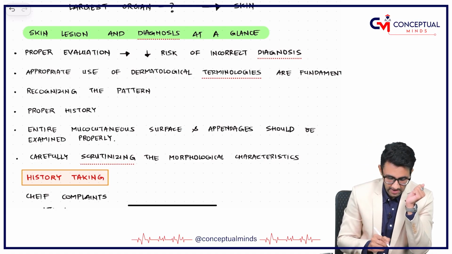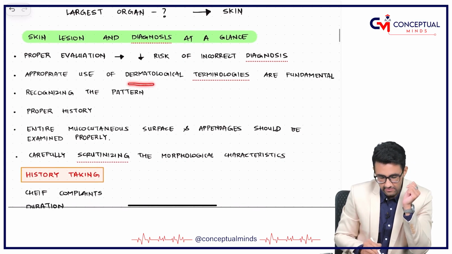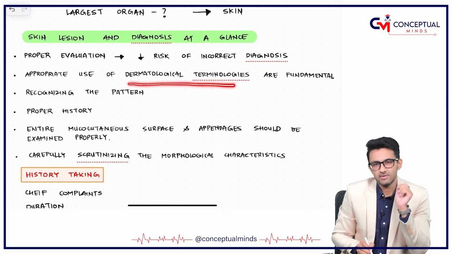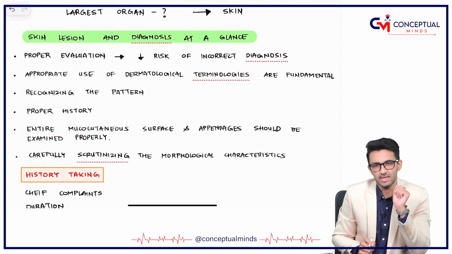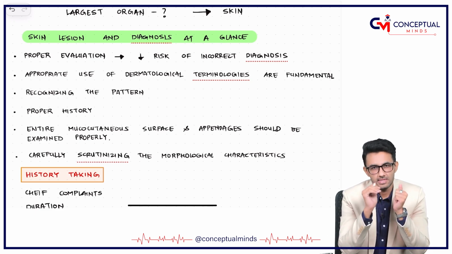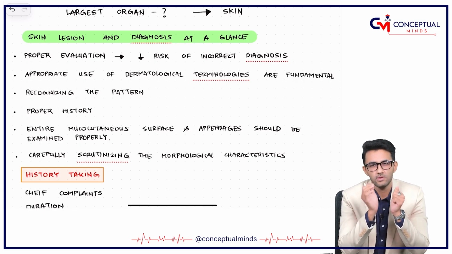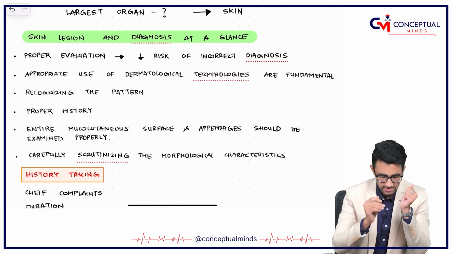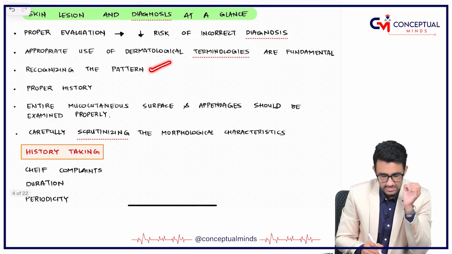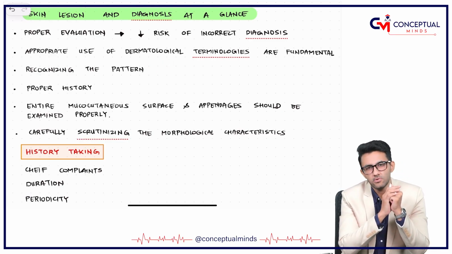And in all medicine, the terminology has to be very correct. For example, in the next chapter we will see about terminology: if it is a papule, pustule, plaque, when do we use what terminology, that will be discussed in the next chapter. Recognizing the pattern.